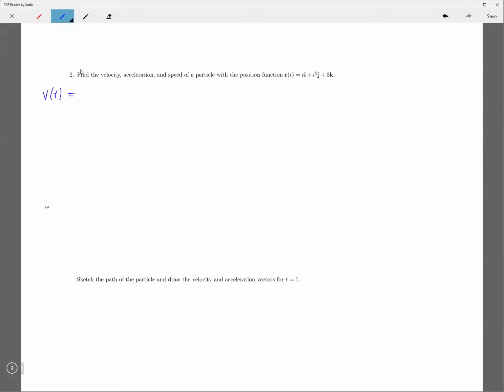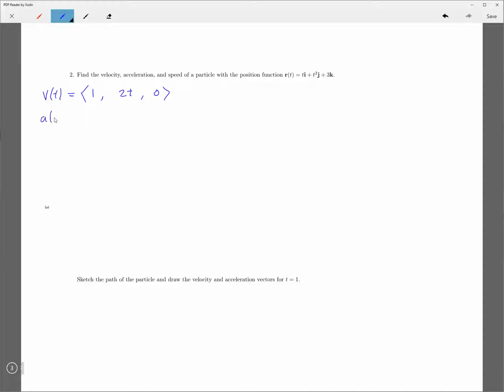It's just the differentiation of the function. So we're going to take the derivative of that, which is going to be 1, 2t, and 0. Good.